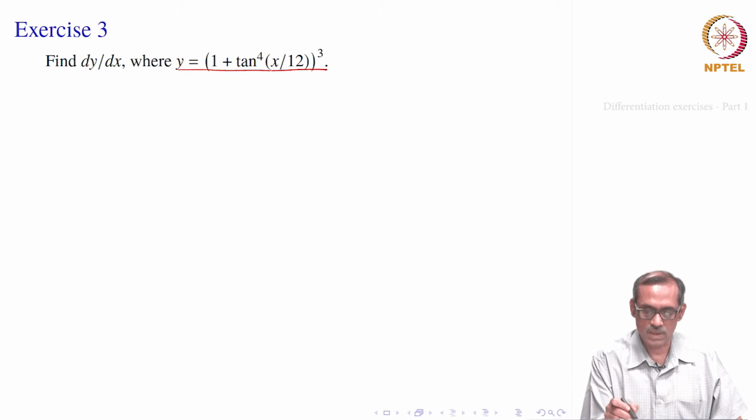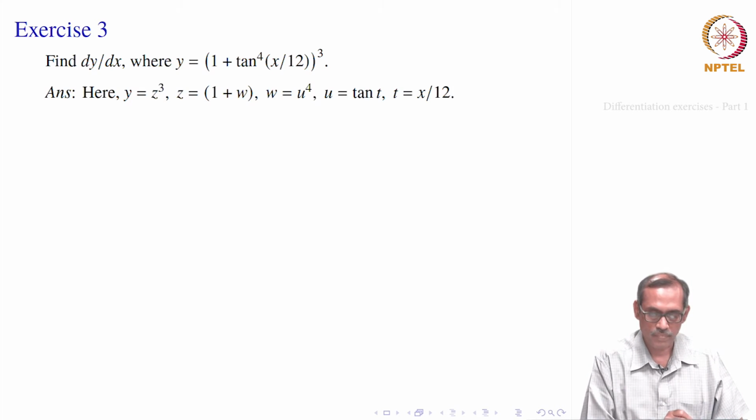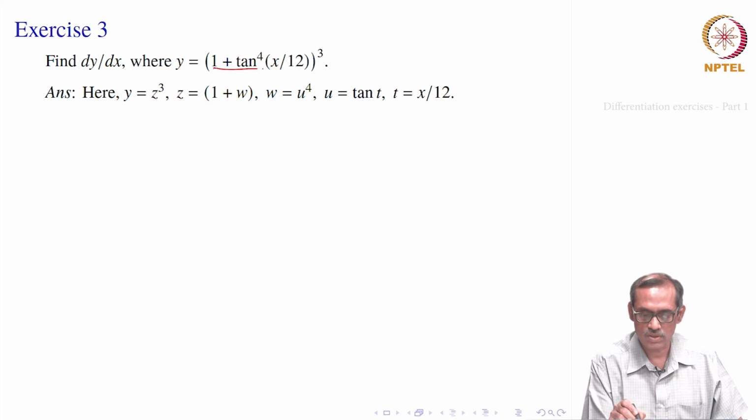So, again as you see, it is a composition of many functions. So, once you differentiate, we have to differentiate the inside first, like z cubed with respect to z, then dz with respect to x, that will be 1 plus tan fourth x by 12. So, we proceed slowly. Suppose we put z cubed, z as 1 plus tan fourth x by 12.